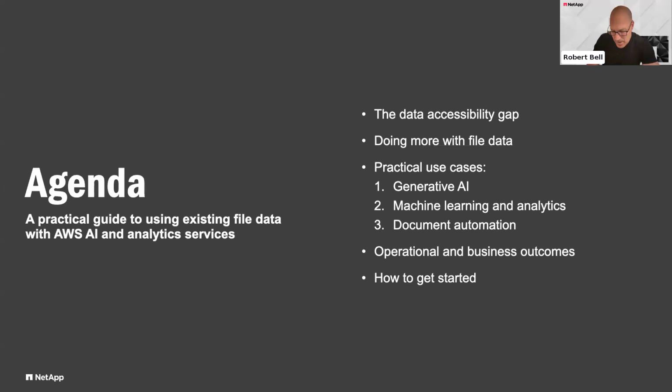I'm going to start off by talking about the gap, which was created not intentionally, but just occurred, and which is what we're addressing here. It's a data accessibility gap that I will explain, and then we will see how you can bridge this gap and do a lot more with file data.